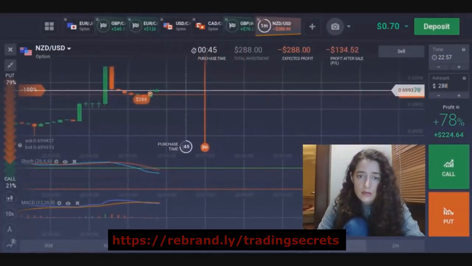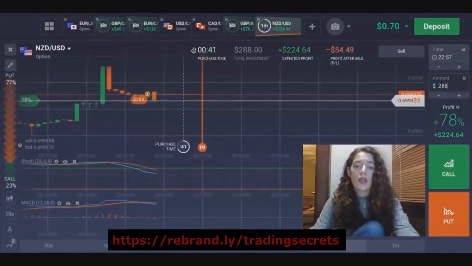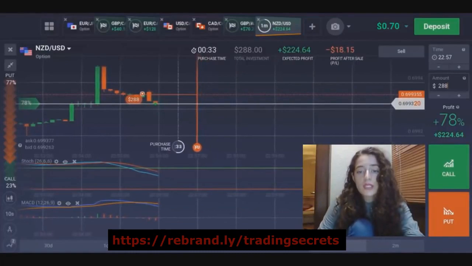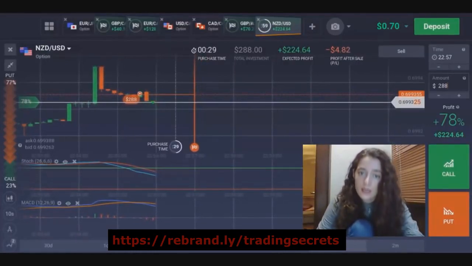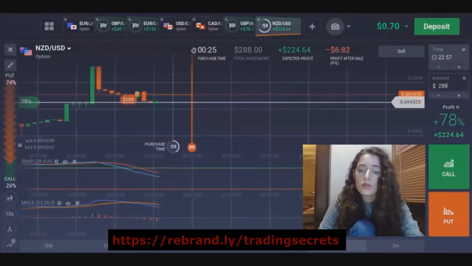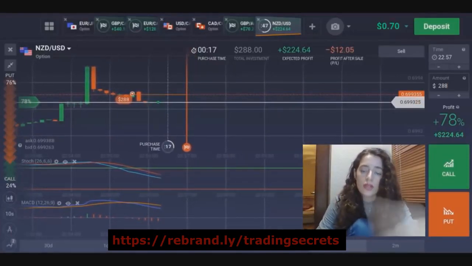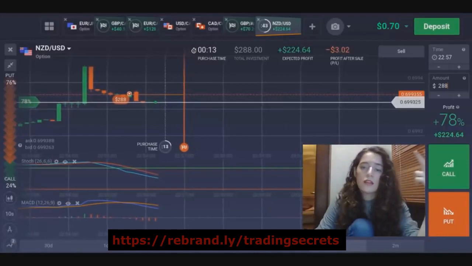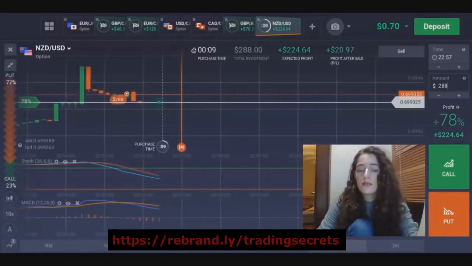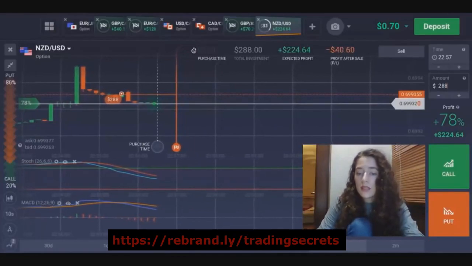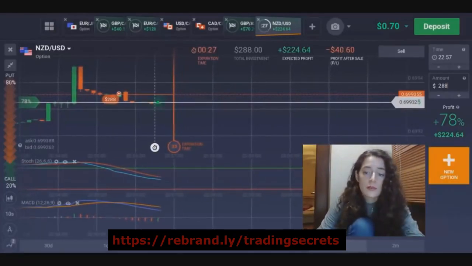And as you see on the screen, I use only 2 indicators: stochastic oscillator on 26, 6 and 6, and also MACD on 12, 26 and 9. So these 2 indicators are my loveliest indicators, because MACD, for example, is one of the simplest and most effective oscillators ever created.